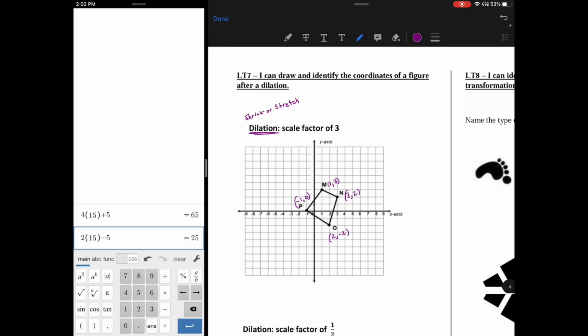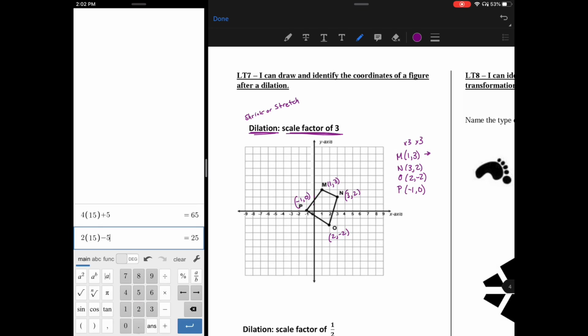So when we dilate with a scale factor of 3, we just multiply all of our coordinates by 3. So I'm going to write them off to the side. And I'm just multiplying everything by 3.